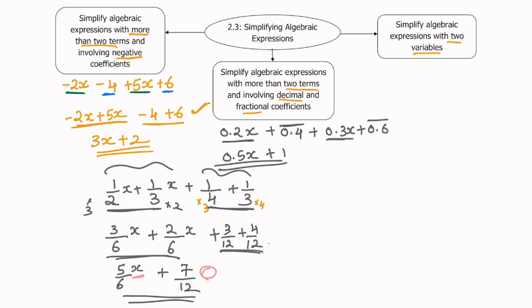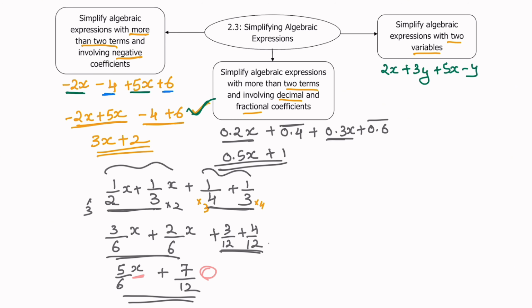The last part here. Simplify algebraic expressions with two variables. Now it's not two terms, it's two variables, which means x and y, x and z, or m and n. Like you have two letters basically. Let's understand with an example. Let's say 2x plus 3y plus 5x minus y. So again, as we did with the first part over here, we have to group them well.